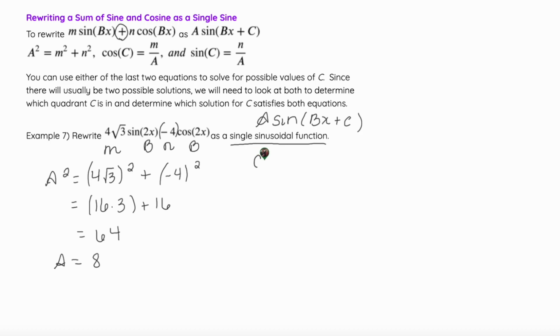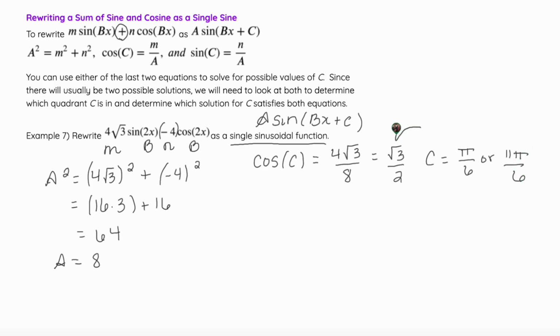We'll start with cosine of c is equal to our m value over our newfound a value, which reduces to square roots 3 over 2. Thus, c would have to equal either pi over 6 or 11 pi over 6, where on the unit circle is cosine square root 3 over 2. We're not sure which one of these needs to be the solution, which is why we also need to find sine of c.